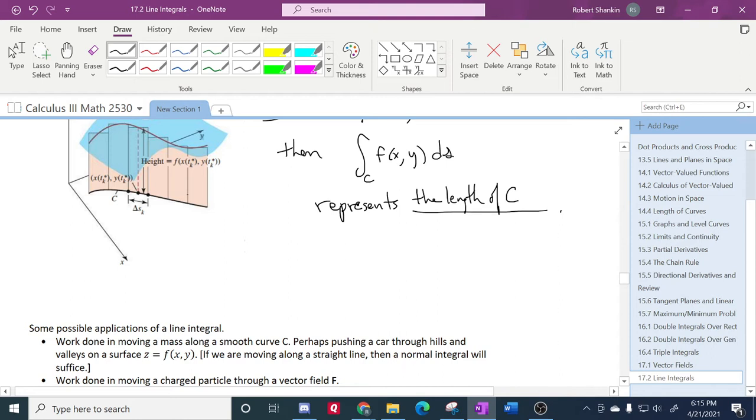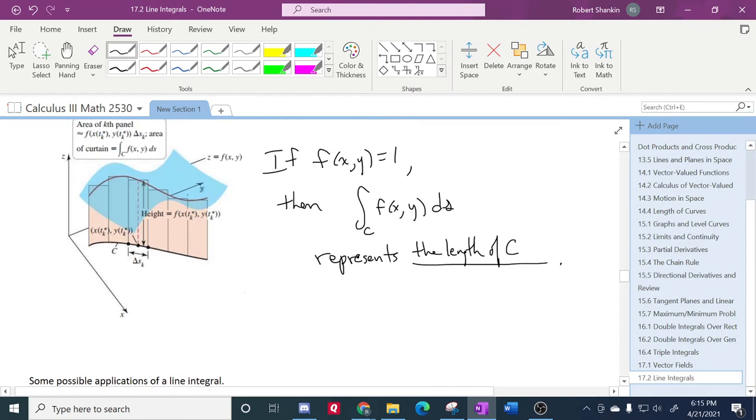But suppose the blue thing that you're having here is the surface that you're pushing this car along. When you're moving uphill, you're using a lot of work, or this represents the amount of effort it takes to push.